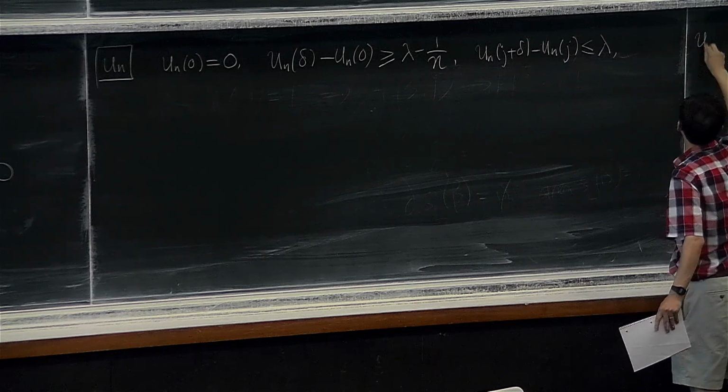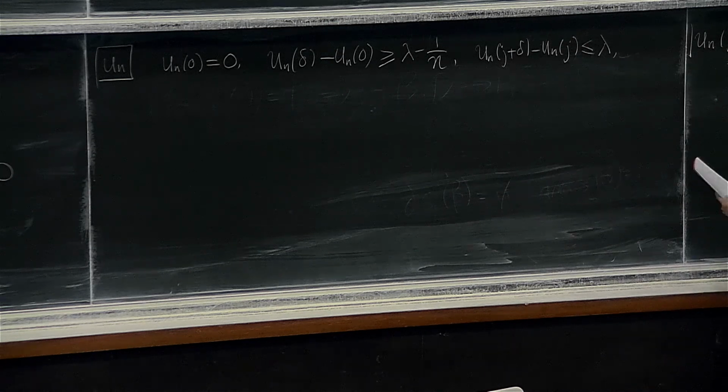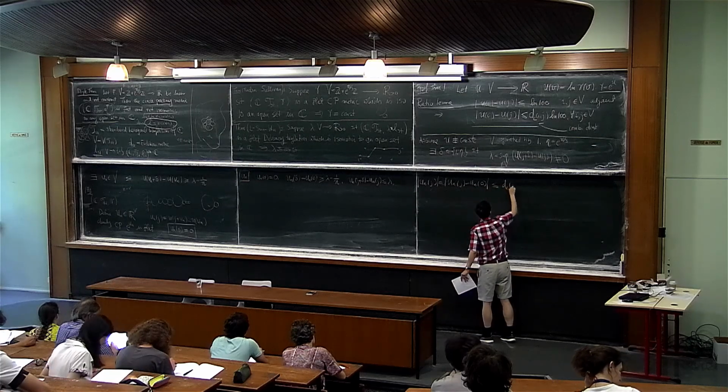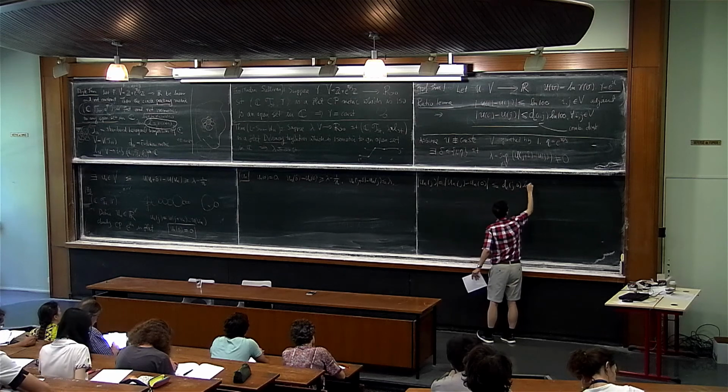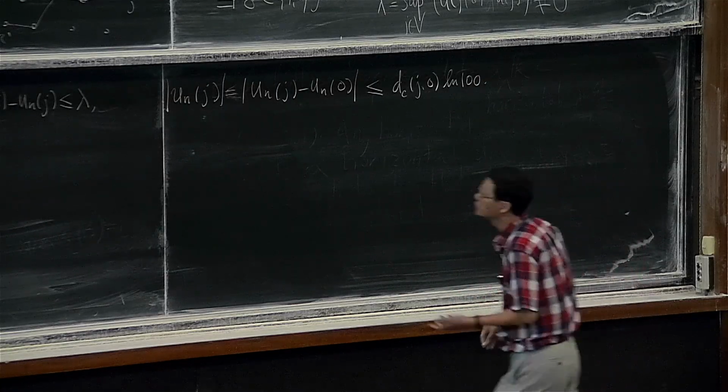And finally, we also have the last one. So un of j is equal to un of j minus un of 0, because this is equal to 0. So it's less than or equal to the distance from j to 0 times log 100. Okay, so what do I have?